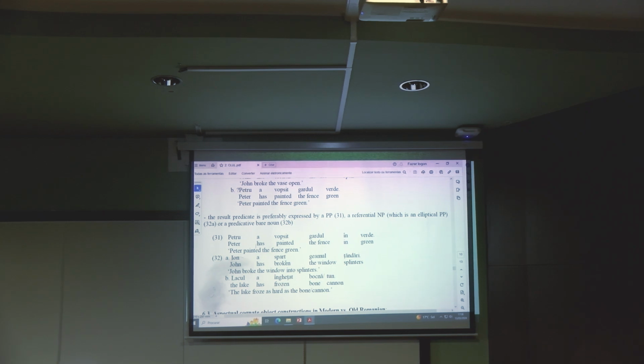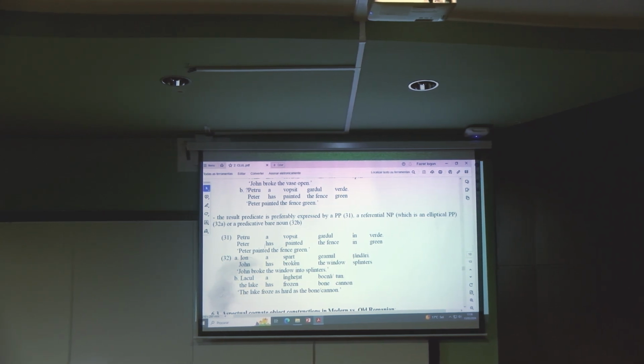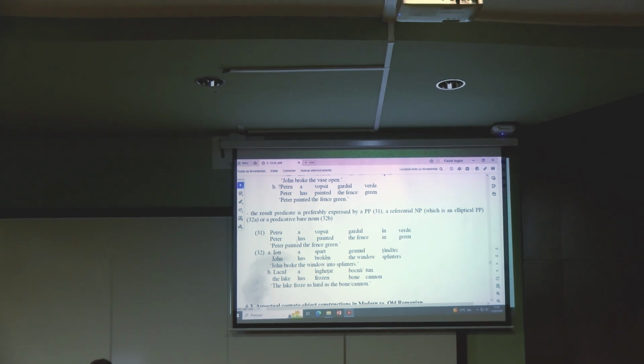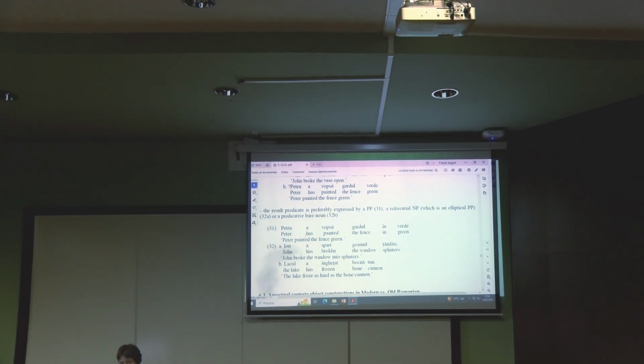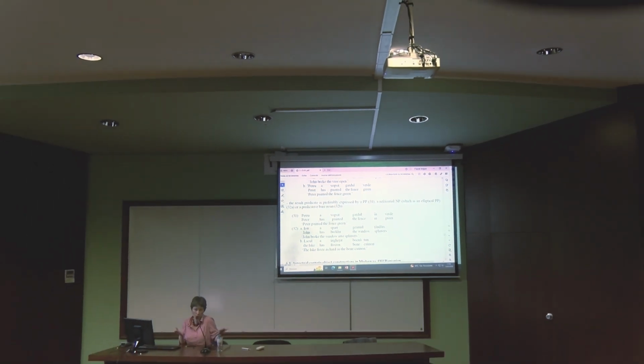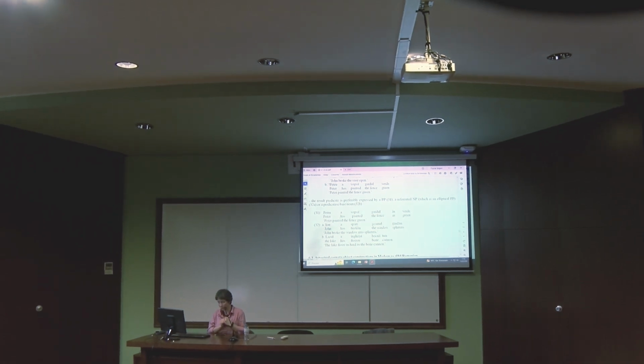Instead of an adjective, another technique that we can rely on, besides the PP and the referential NP, is a predicative bare noun, such as bocna, which means bone, and it is this fixed expression in Romanian, a îngheța bocna, to freeze solid, to freeze as hard as the bone. Or a îngheța tun, to freeze cannon, again as solid as, okay?